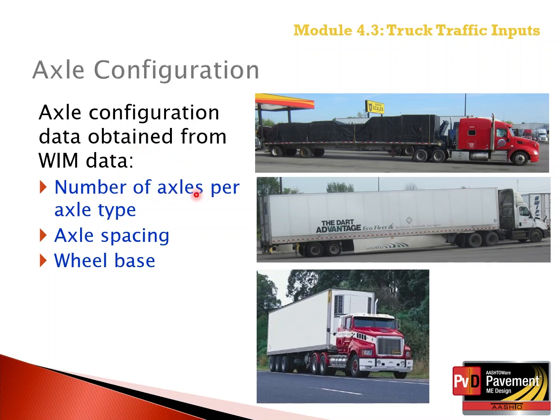We have the number of axles per axle type, axle spacing, and then the wheelbase for different types of trucks that operate along the facility, and these would represent average values that are determined from the WIM data.